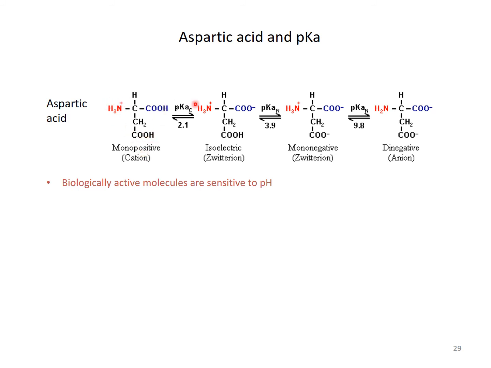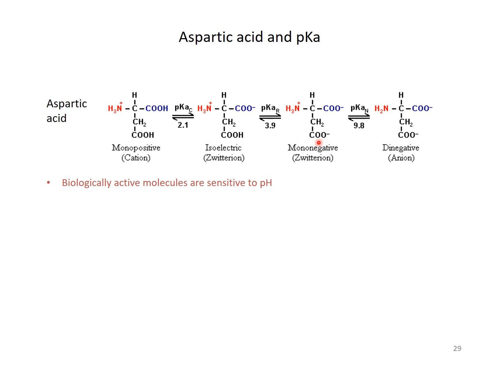When pH is between 2.1 and 3.9, one functional group will deprotonate. In this case, it is a carboxyl group. And when this happens, what you get here is a zwitterion, as there is no net charge on this molecule. When the pH is between 3.9 and 9.8, another carboxyl group will be deprotonated, so it becomes a mononegative molecule.